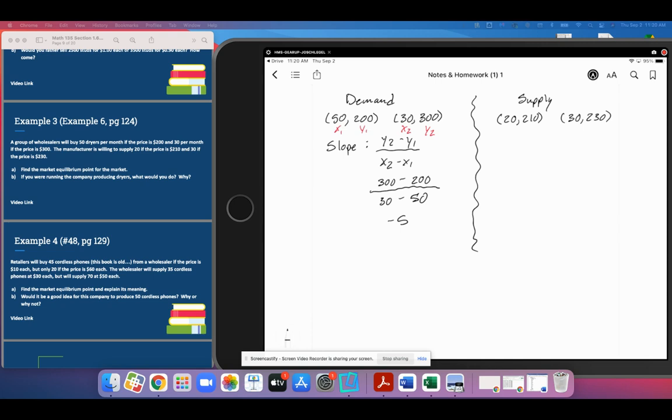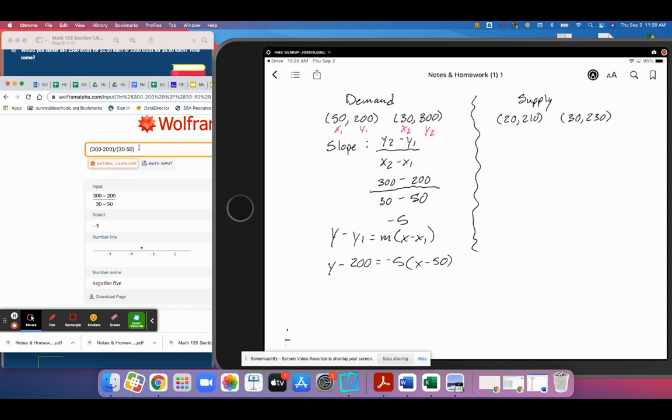So we can take that and put it back into our point slope form function, and we will get y minus y1 is equal to m times x minus x1, which will produce y minus, our y1 value is 200, our slope is -5, and x minus x1 is 50. So that is a point slope form for this function. I do not like point slope form. I prefer slope intercept form much more, so we're going to give that to Wolfram and look for the alternate form that we like.